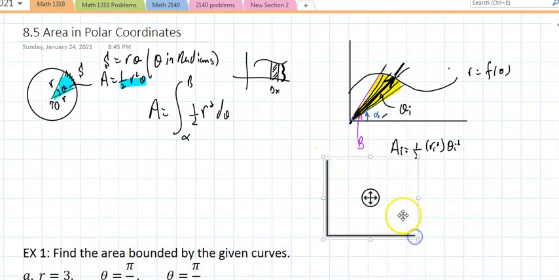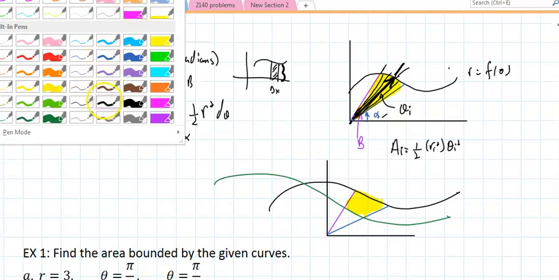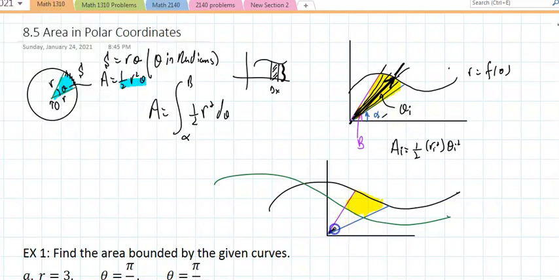two functions, if I'm looking at the area between two functions, kind of like what we did with x and y as well, what we do, we draw the arrow. And this is how it works.